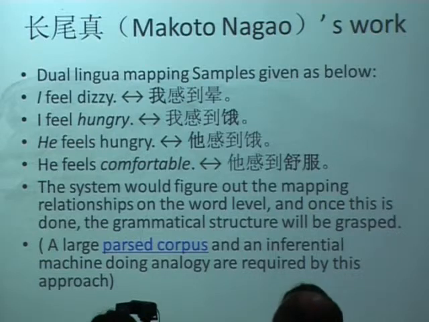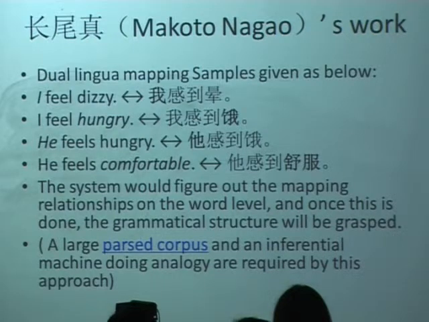So far as I know, Makoto Nagao also developed the first or maybe the biggest English-Japanese bilingual corpus in order to do that. In this way, it is somehow right from Confucius' original idea, because Confucius did not like a large sample space. But in order to do Makoto Nagao's type of work, you need that kind of large corpus.